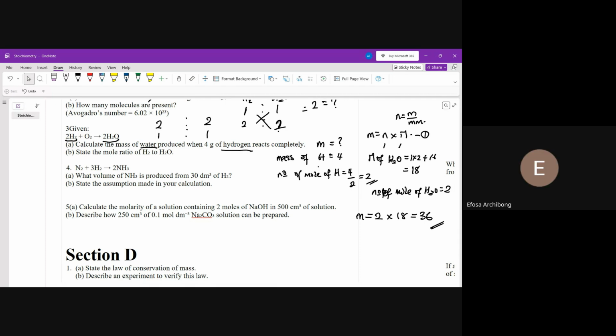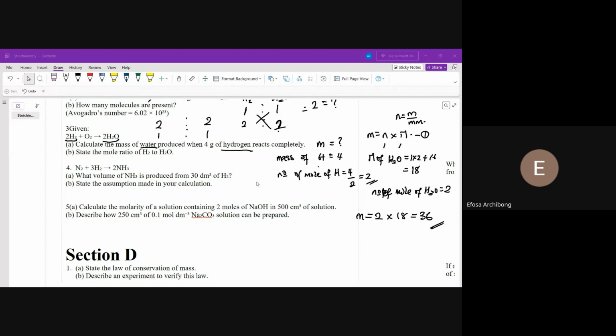Okay. I learned about the molar mass, how to calculate the molar mass of some compounds, and that the SI unit for molar mass is grams.